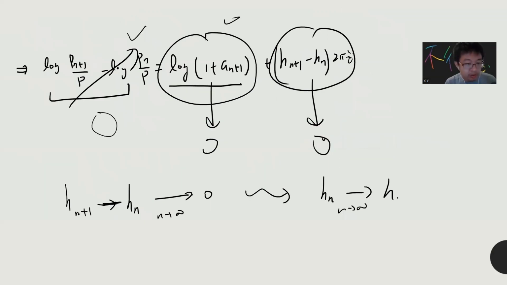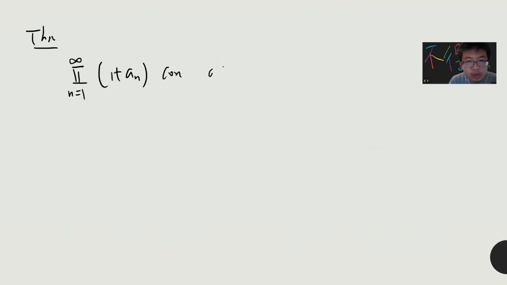So the final theorem is: if the product for n from 1 to infinity of (1 + a_n) converges absolutely... Usually in order to check this, somebody gives you this, and you just try to check this. This is the usual step.